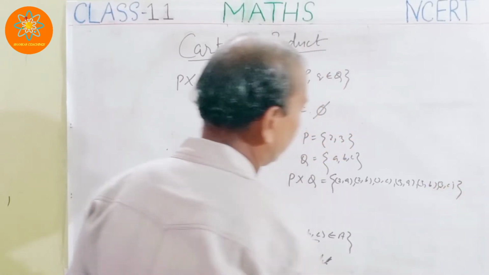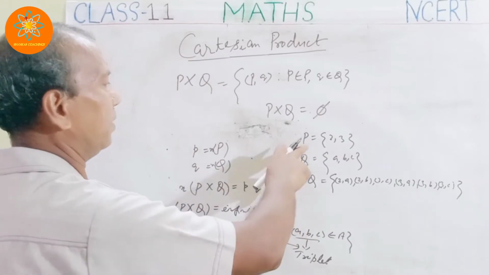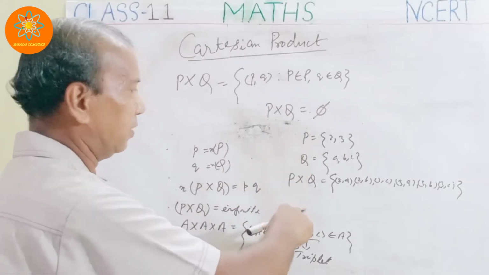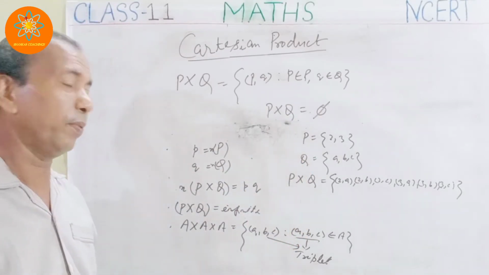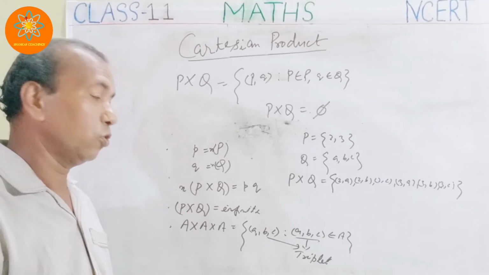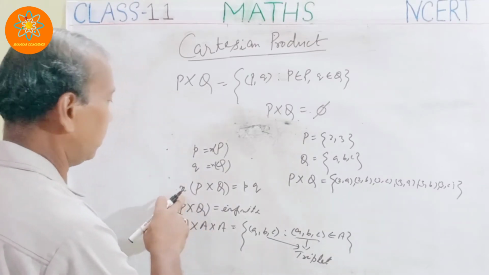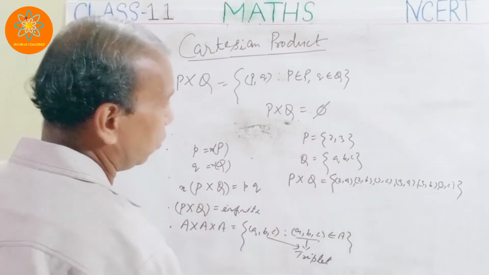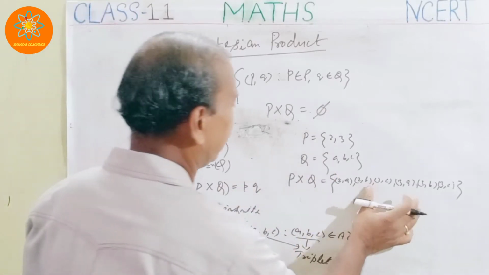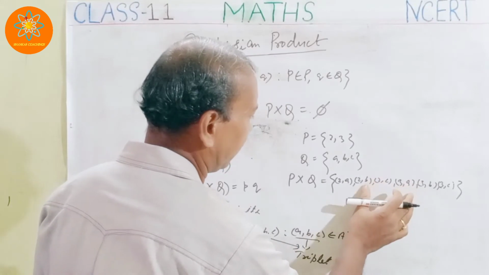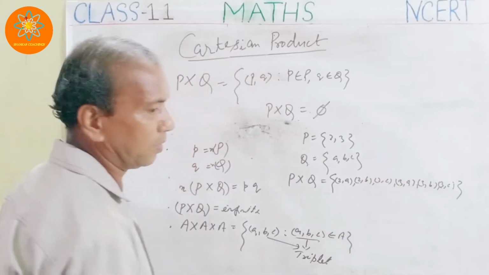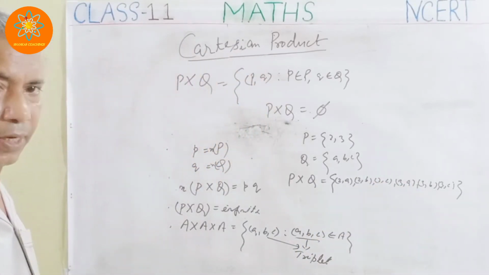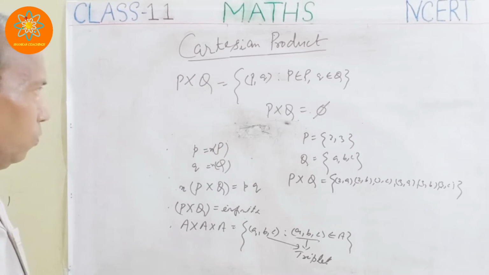You can also see how many elements are here. It is 2 elements in P, and in Q, how many elements are there? 3. So the number of elements will be 3 into 2, 6. You can see 6 elements are there in the Cartesian product of P and Q.